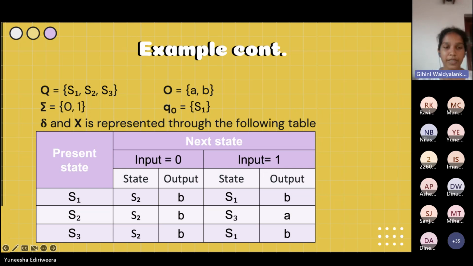This table represents both the input and output transition functions of the Mealy machine I have drawn before. If I take an instance, if the present state is S1 and the input 0 is given, it will transition to state 2, and according to the input 0 and the present state S1, the output will be B. Next slide.